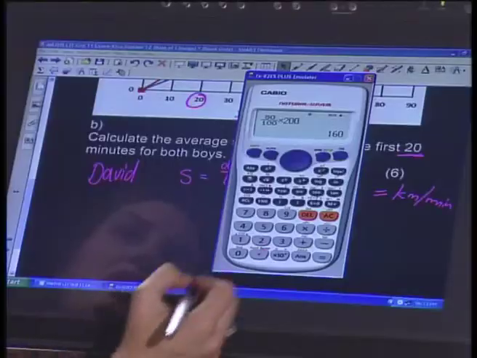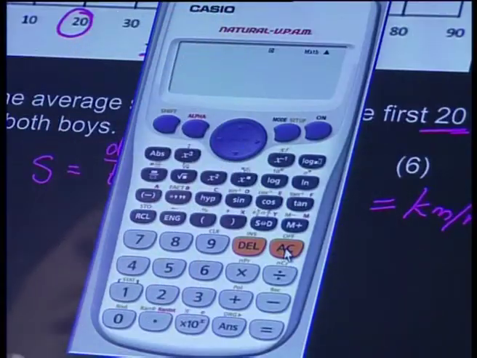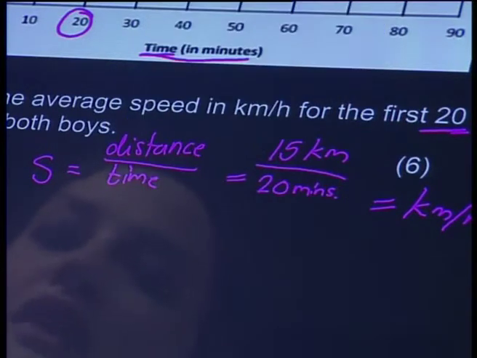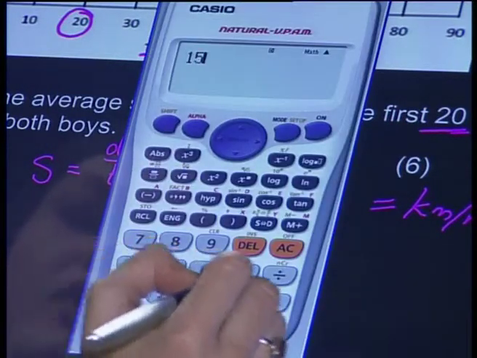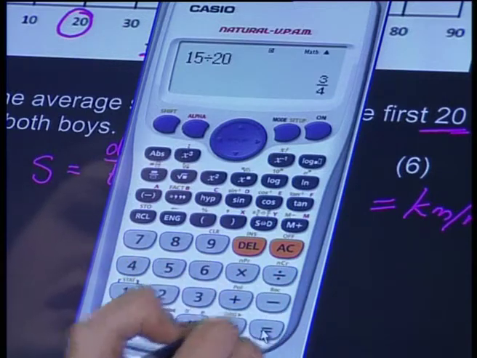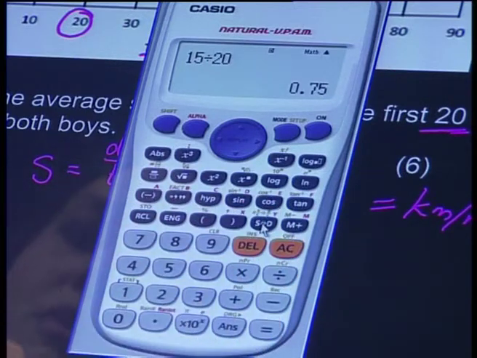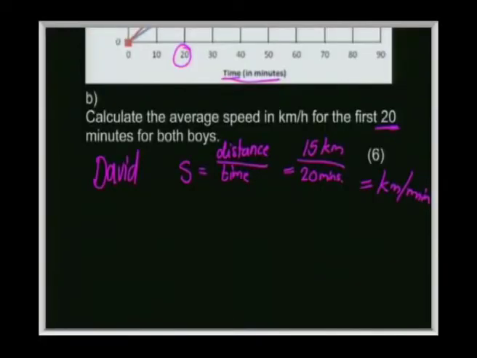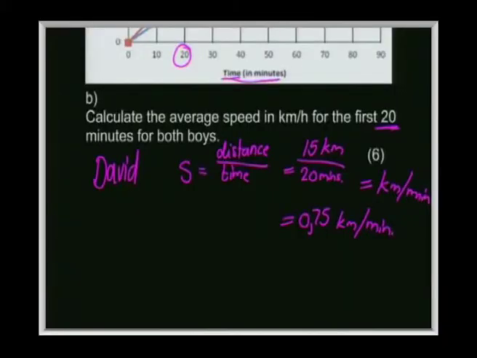First of all, let's take our calculator, and we want to say 15 divided by 20. And our answer is 0.75. But our answer is in kilometers per minute, because our 2 values are in kilometers and minutes. Now we want to change our answer from kilometers per minute to kilometers per hour.